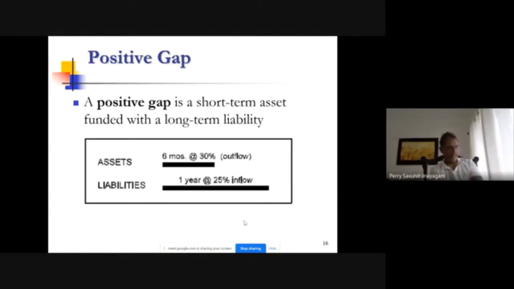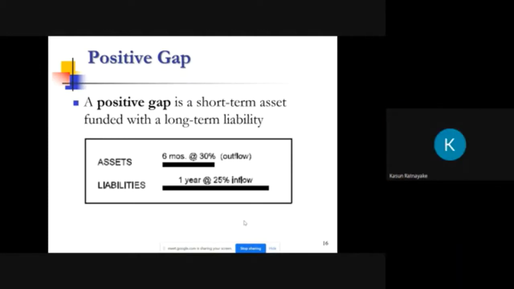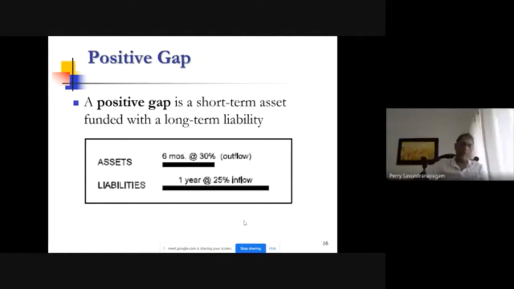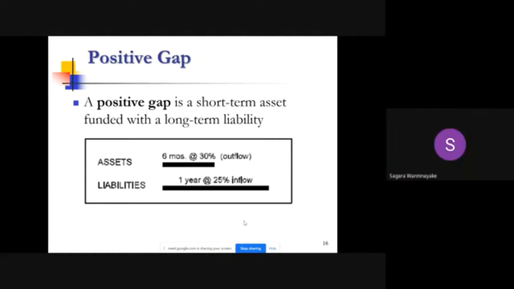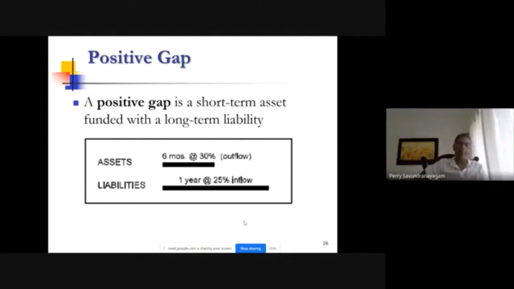Your view is that interest rates are going up soon. How would you position your balance sheet now? Borrow long term and invest short term. Because you want to reprice at a higher rate for your assets, and you want to delay your repricing on your liabilities as long as possible.